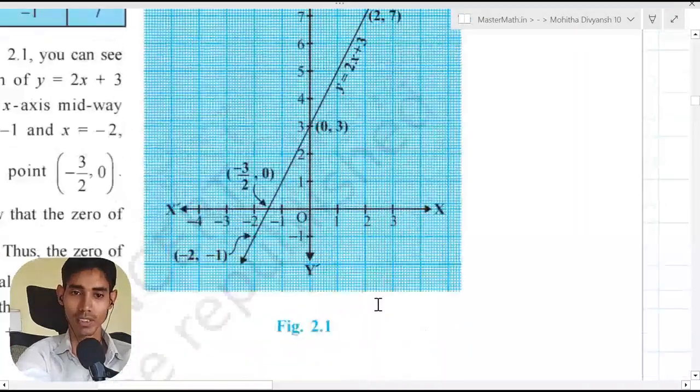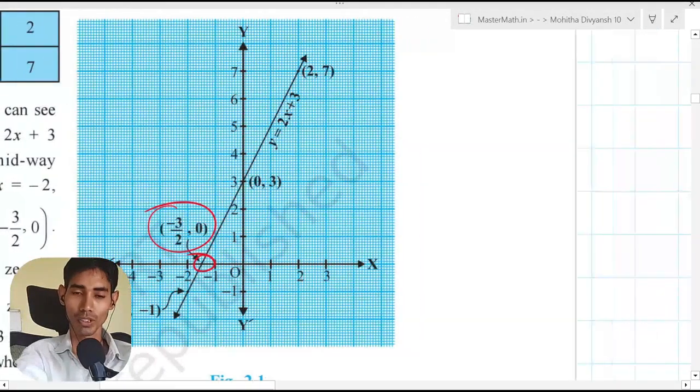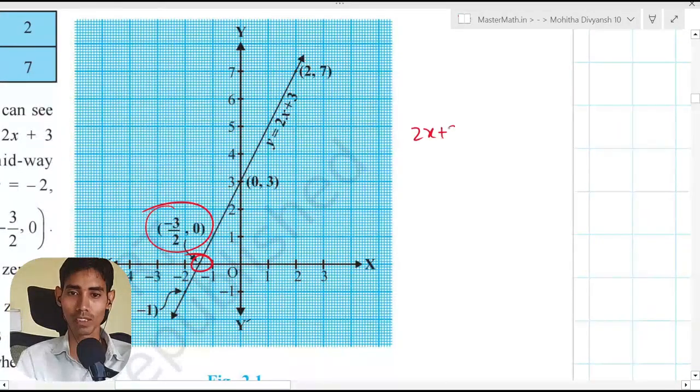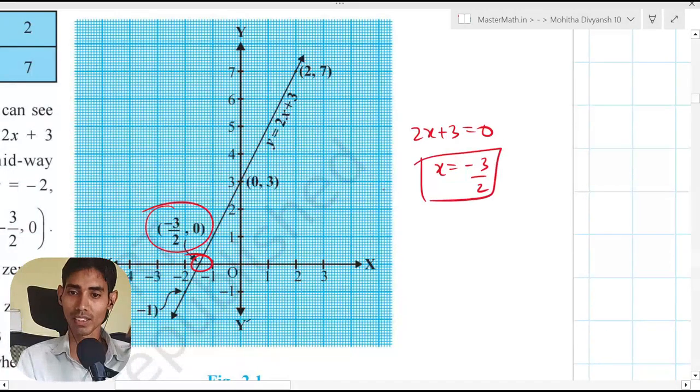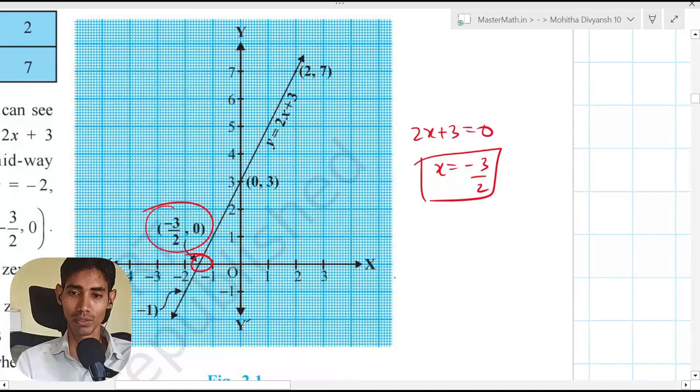Here it is just 1, minus 3 by 2. Even if you want to check, you can take 2x plus 3 equal to 0. When you solve this, you again get this. So algebraically also you get the same value.